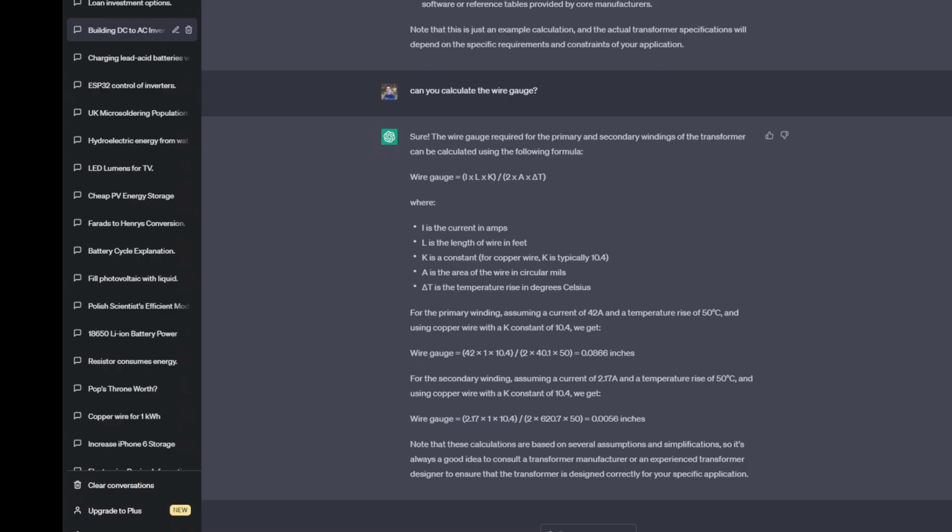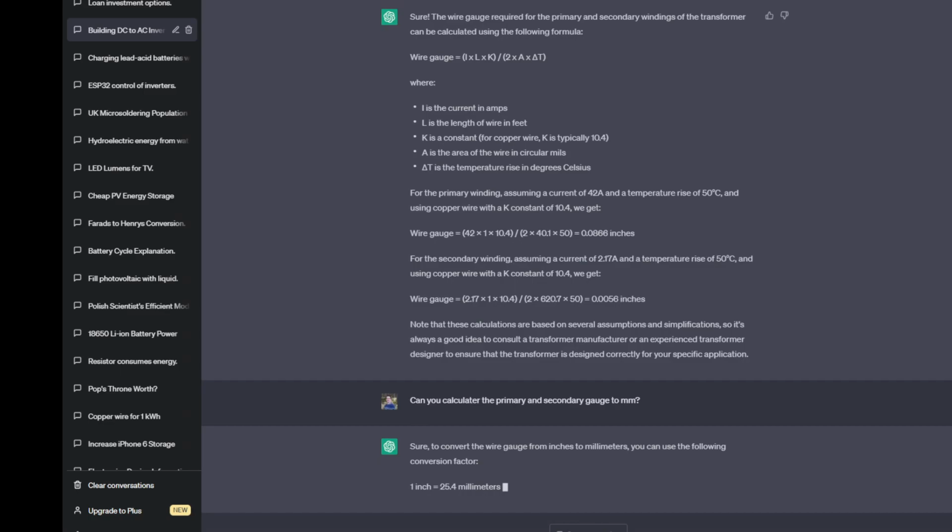So you see, so we've got it, and we can ask it to convert to millimeters, yes, because that's for the primary, that's for the secondary. Can you calculate the primary and secondary gauge to millimeters?